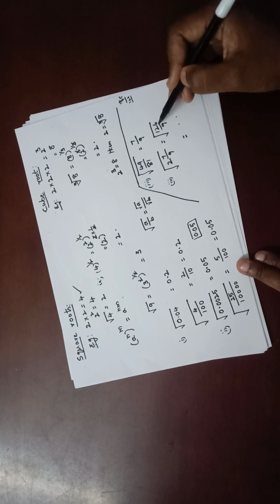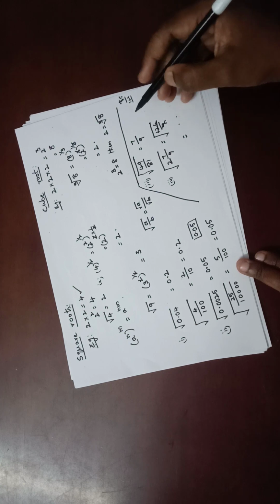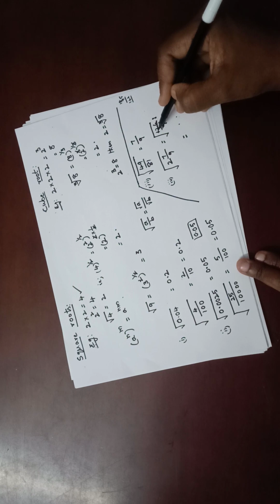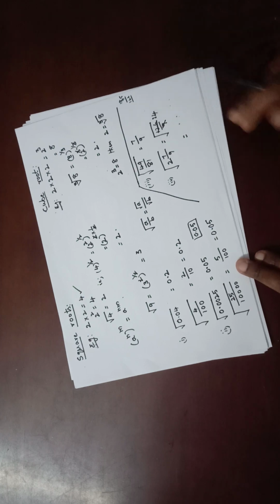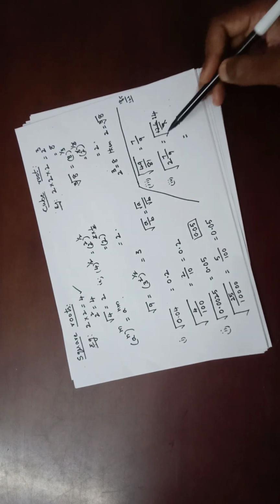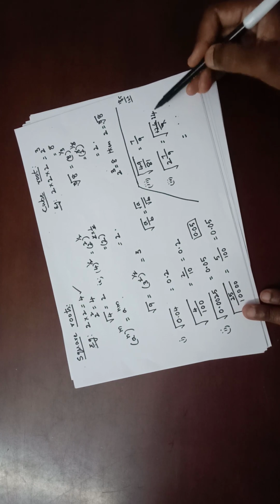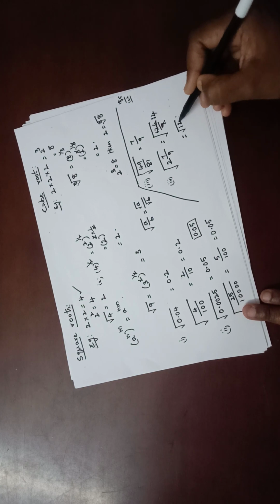Will 9 go or not? We'll see. 9 1s are 9, remainder is 3, 3 and 6 is 36. 9 4s are 36. So here 9 will go. First we'll see the cancellations. So here we got root 14.